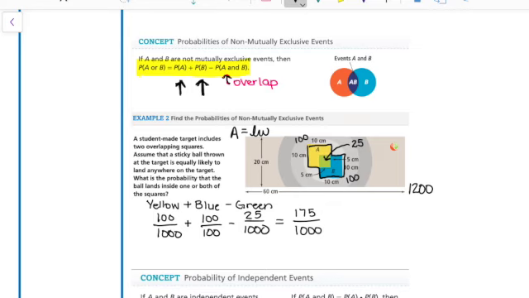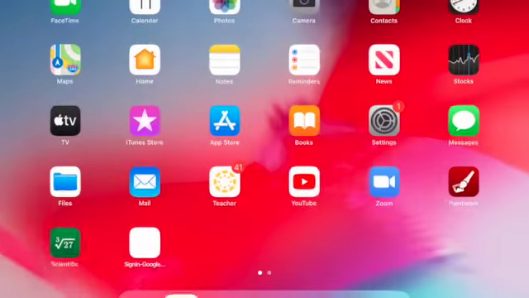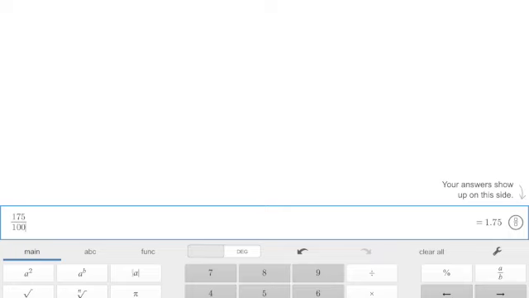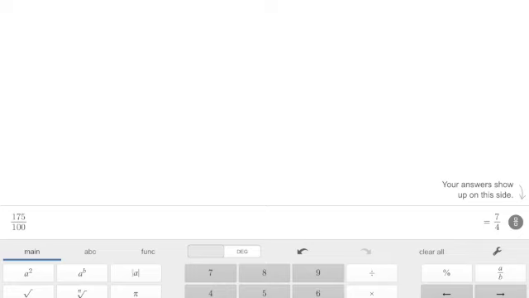If you do not like simplifying fractions, that's okay. Use your calculator. I'm going to show you with Desmos real quick. So if you type in 175 divided by 1,200, whether you're on the graphing one or this scientific one, if you hit where it says your answers show up on this side, there's a little bar there that is a box with a line and a box.